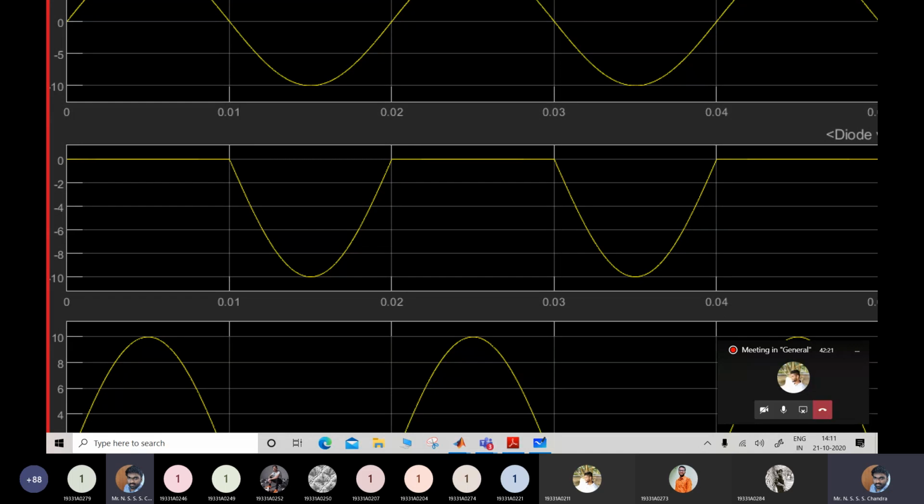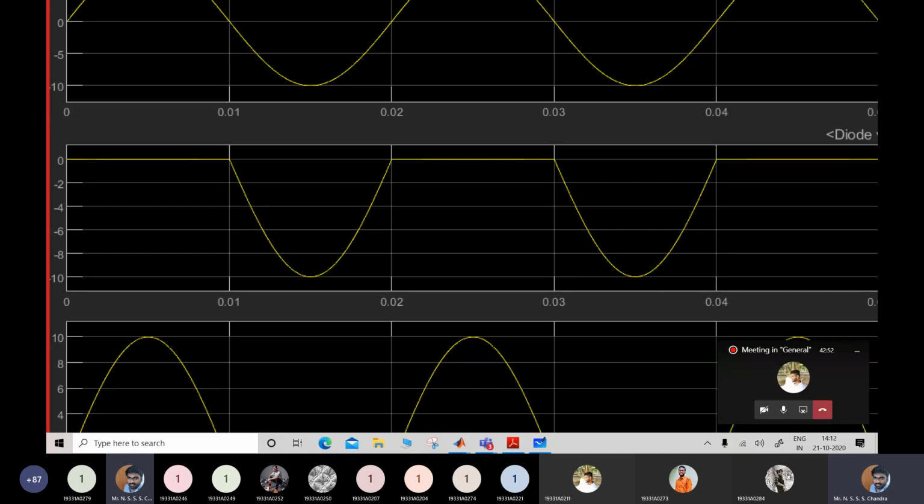Okay, it is 10. Because the supply voltage peak value is plus 10, your magnitude is 10. That's why you're getting minus 10 here, right? Similarly, if you are giving a peak voltage of Vm, then what will be the peak inverse voltage? The magnitude will be equal to Vm. We only have to tell the magnitude. So peak inverse voltage will be equal to Vm.